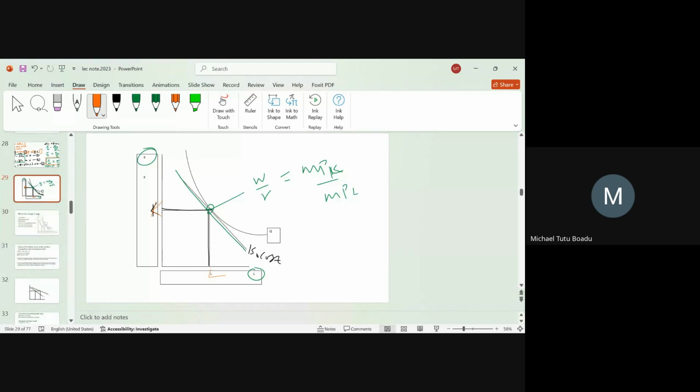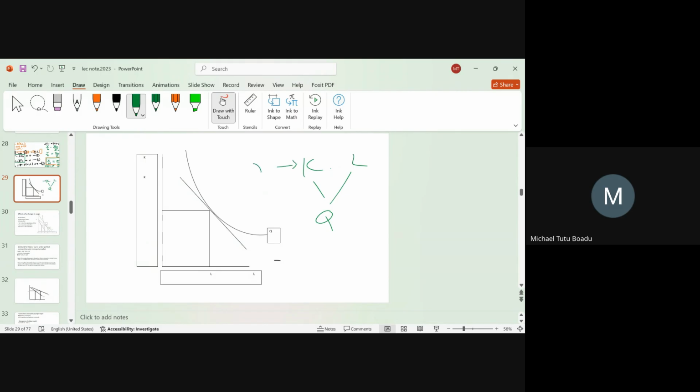If wages change, it can have an effect on how this curve will look. If there's a change in wage, this curve will change or will have a different look, because you are using both capital and labor to produce an output. The price you pay for capital is rent, and the price you pay for labor is wage. But whether wage is increasing or falling, it is going to affect the amount of labor you hire, and it's also going to affect the amount of capital you hire.